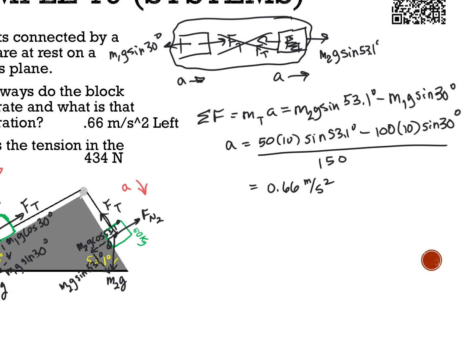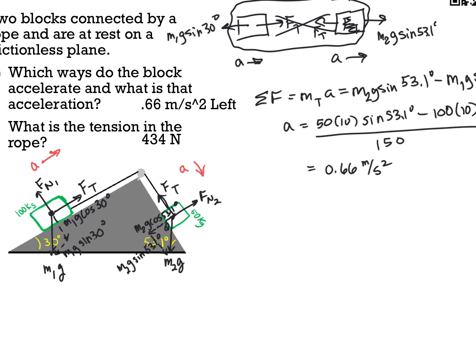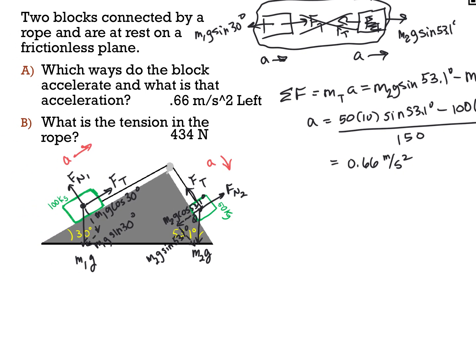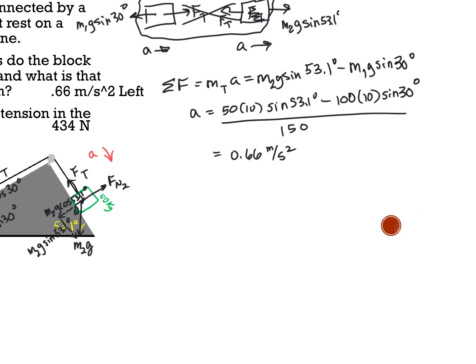Hang on, did I guess correctly? Let me double check my math here. 500 sine 53.1 minus 1,000 sine 30, negative. It's negative.